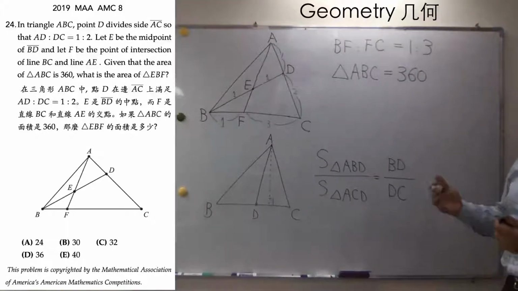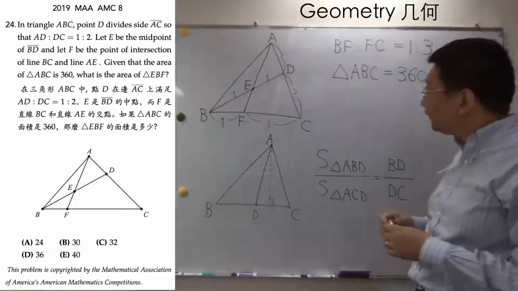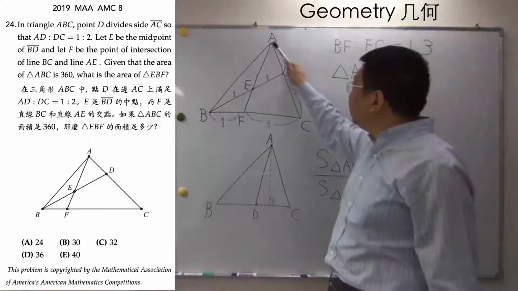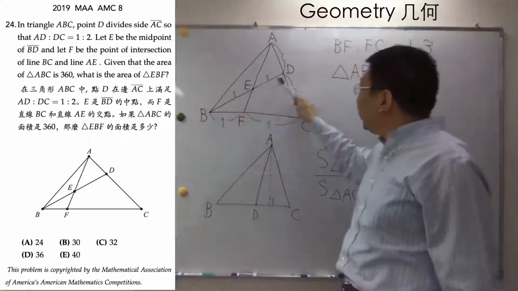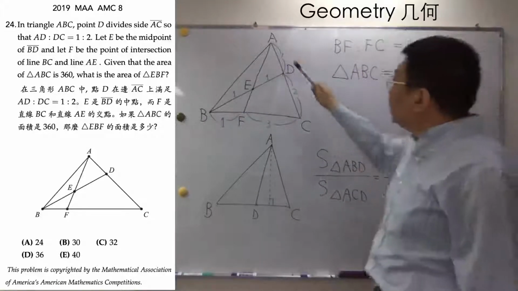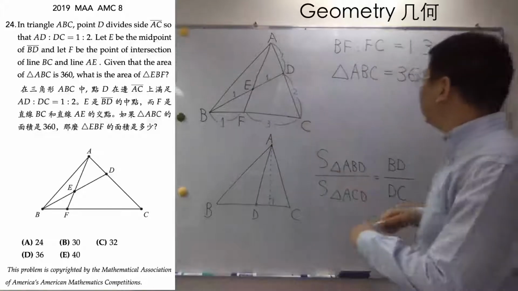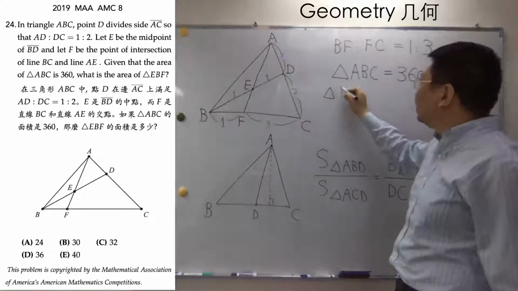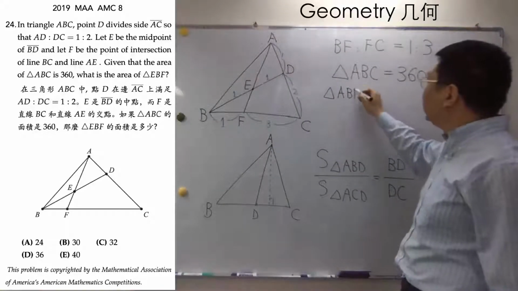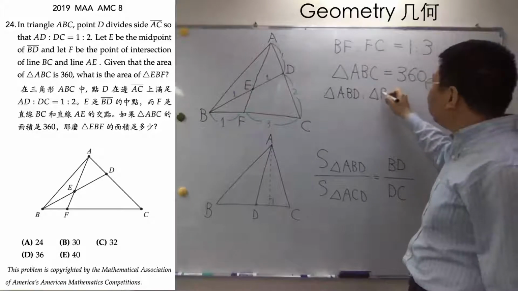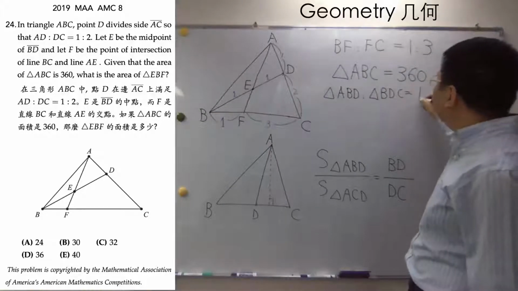What can we know? We can know what the area of triangle ABD would be. Why is that? Because ABD versus BDC is 1 to 2, right? So the area of ABD versus the area of BDC is 1 to 2.